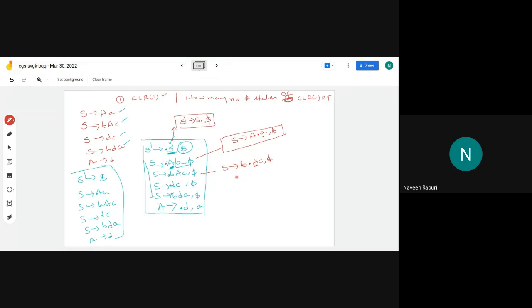What is the A production? A derives dot d, comma. After A what are we having? Small c, so first of C is c. And here one more B production is there. That B production is S derives B dot D A, comma dollar.